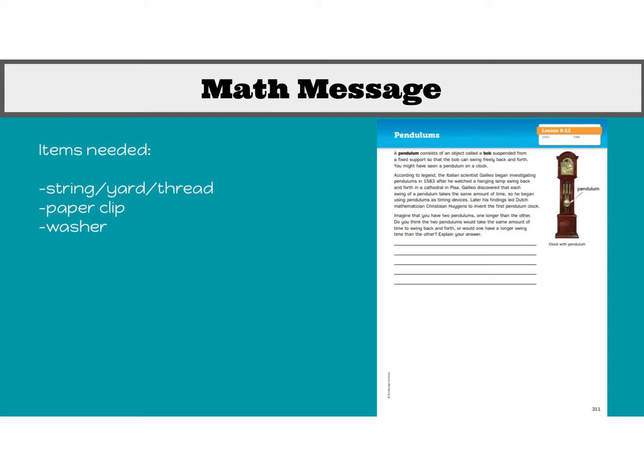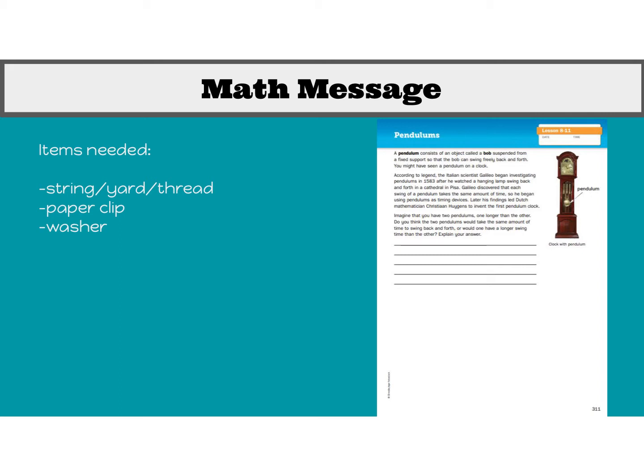So let's take a look at our math message today. For this particular lesson, it is all about a pendulum. So you're going to take a look at page 311 in your math journal. And if you have these items that I've listed here off to the left to do this lesson, we're going to see if we can make our own pendulum.